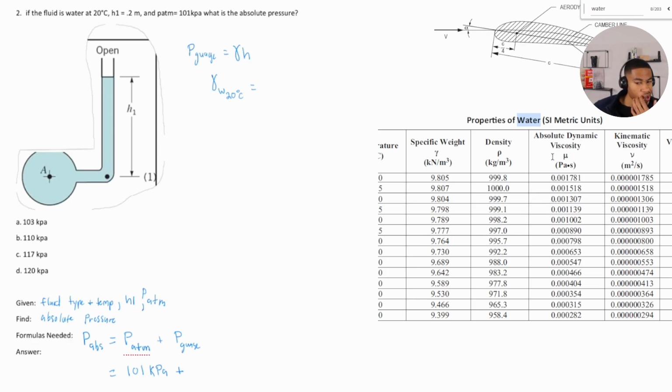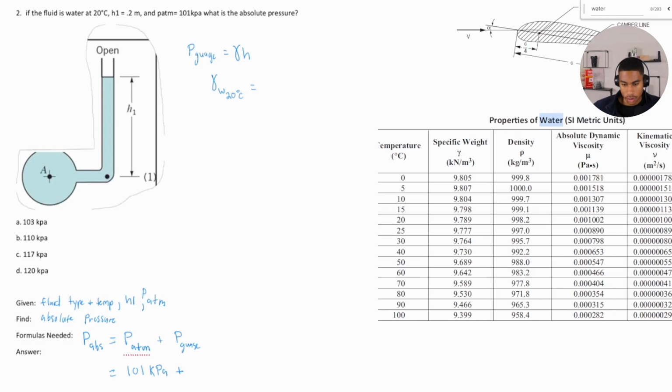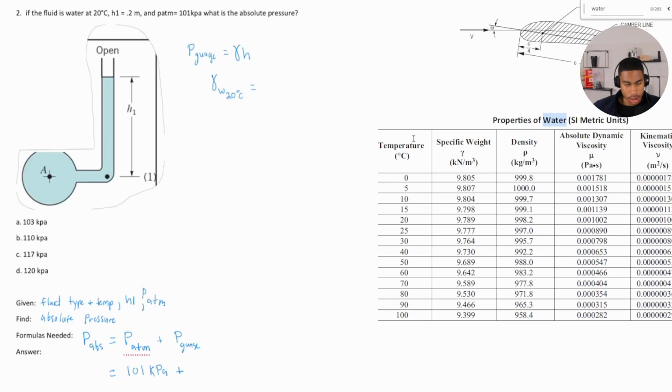So our specific weight for the temperature, that is 20, is this, right? 9.789 kilonewtons per meter cubed. Okay, so we have that.